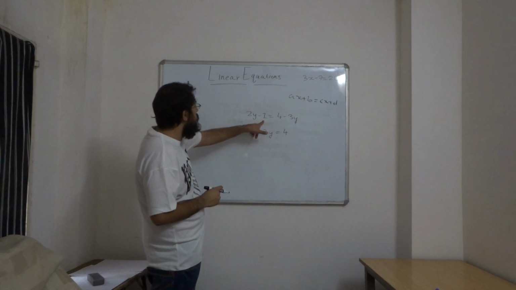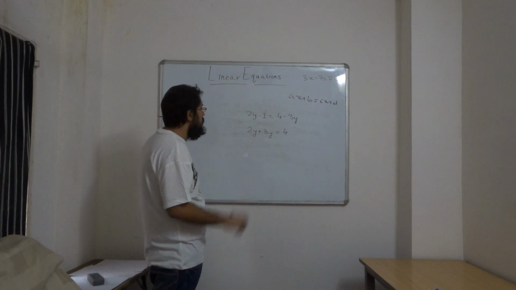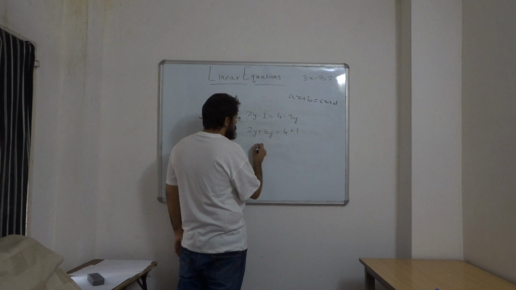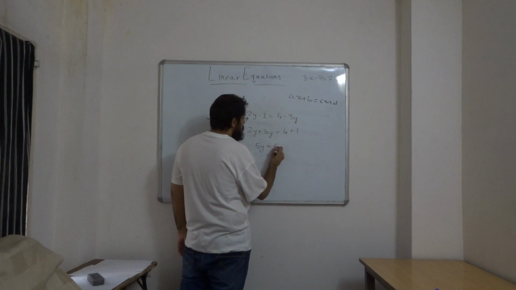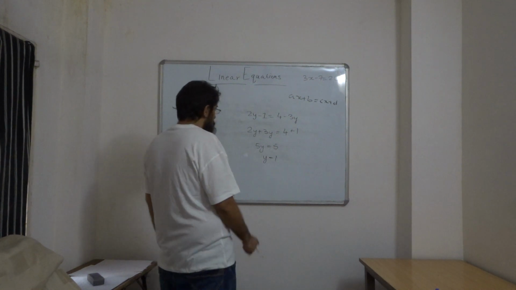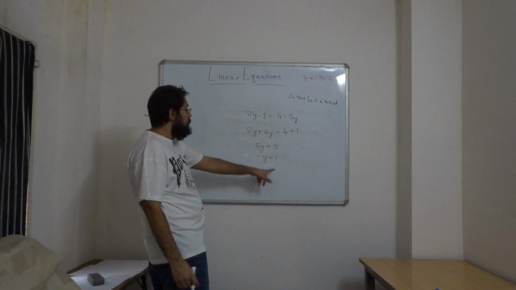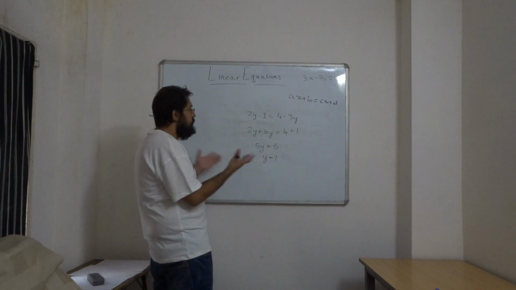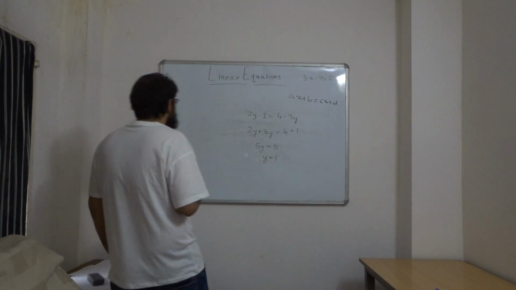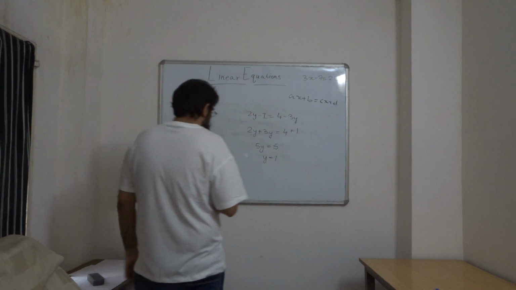When you add 1 on this side, negative 1 and positive 1 will cancel out, and then 4 plus 1 will give you 5. So you're going to have 5y equals 5. So then y is going to be equal to 1. Okay? So now you can put 1 into y in both these, and you can see the answer. Now I know, guys, that these are a little tricky, but that's just how it is.